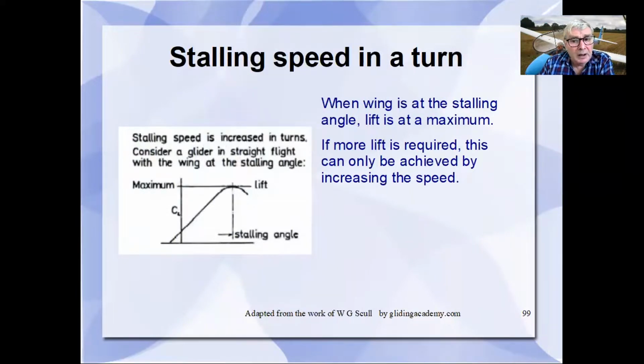So when the wing is at its stalling angle, lift is at its maximum, and if you want to get more lift, the only way of achieving that, once you're at that situation on the lift curve, is to increase the speed.